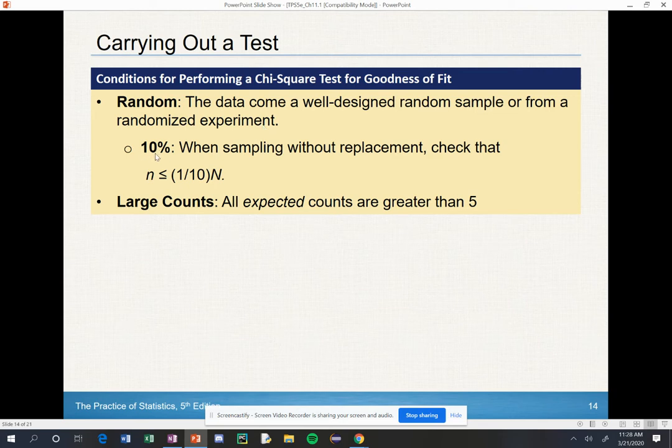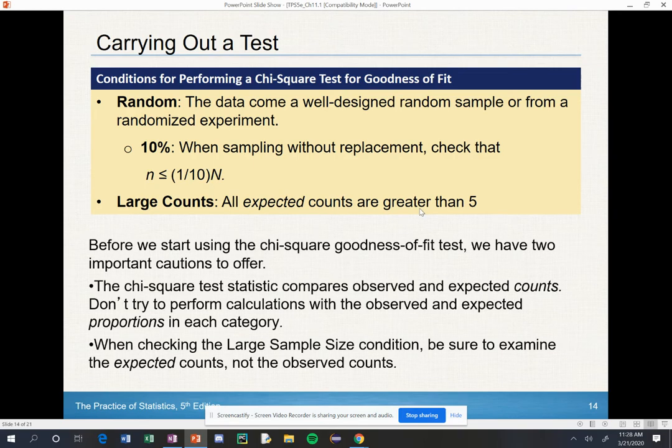The 10% condition: when sampling without replacement, check that little n is no more than 10% of the entire population. And the last one is really the newest one, the large count condition. All expected counts have to be greater than or equal to 5. When that occurs, we can use our chi-square distribution and find our p-value.